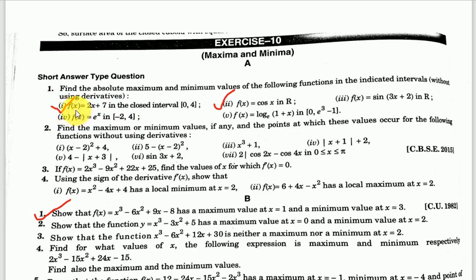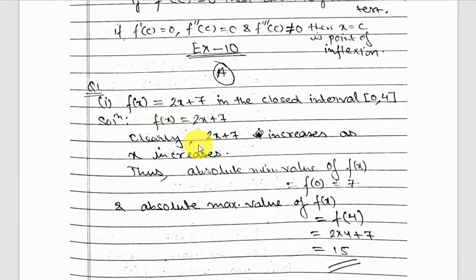So first is f(x) equal to 2x plus 7. This function is defined for the closed interval [0, 4]. Clearly, for this interval, this function will increase as the value of x increases.